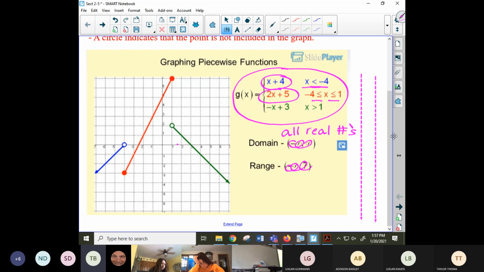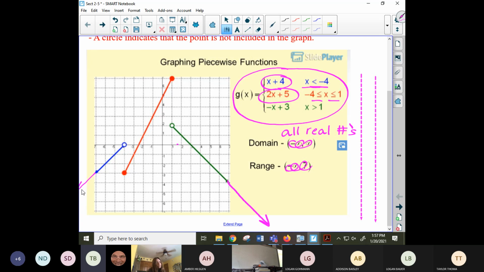Your range is going to be more difficult to find. So one thing you have to think of here, this line and this line are going to keep going forever and ever. So when you're doing range, you're thinking about what y values is covered on your graph. All of these are going to be covered because these lines are going to keep going forever and ever, okay?